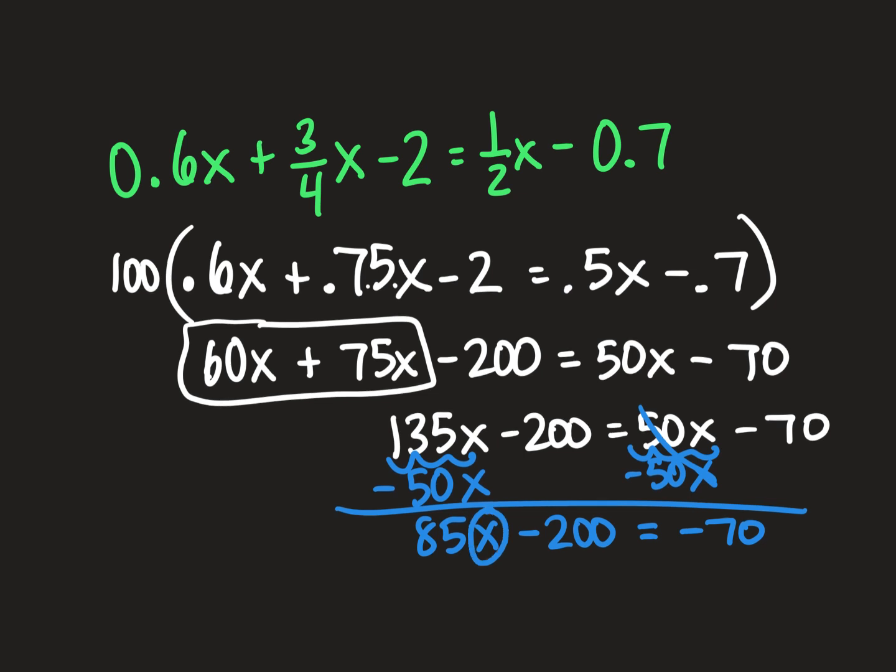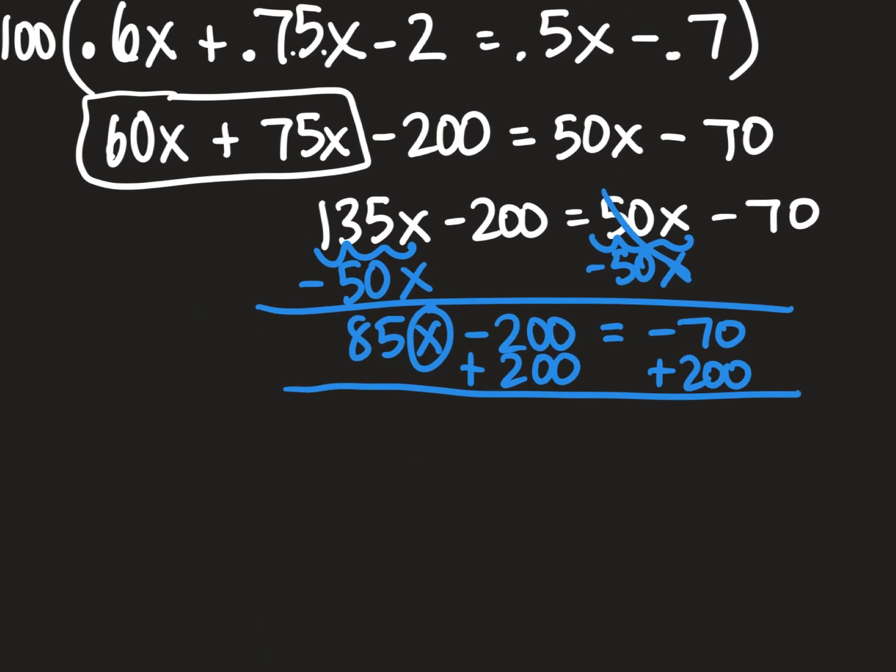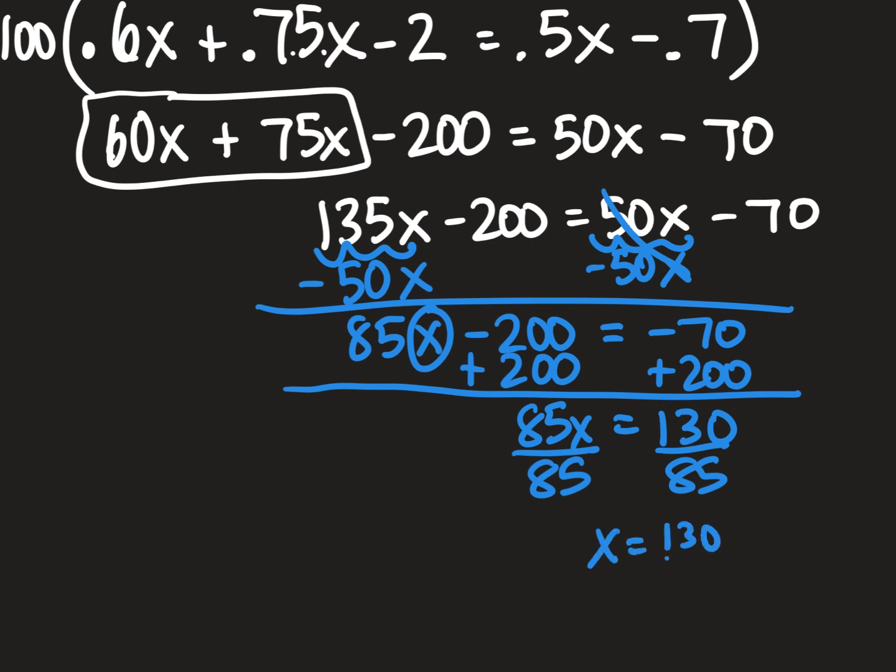Now we are down to a two-step equation, and in order to isolate the variable x, I'm going to get rid of the negative 200 constant by adding 200 to both sides. When I take negative 70 plus 200, I get 130, and on this side I get 85x. And when I divide by 85, I would expect you to know that 130 over 85 could be reduced by 5 because they both end in a 0 or 5.